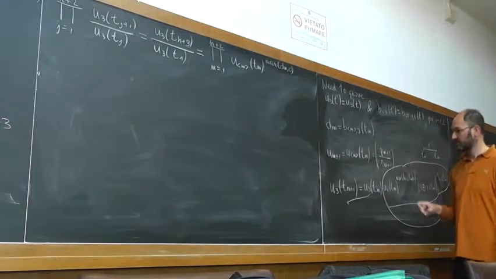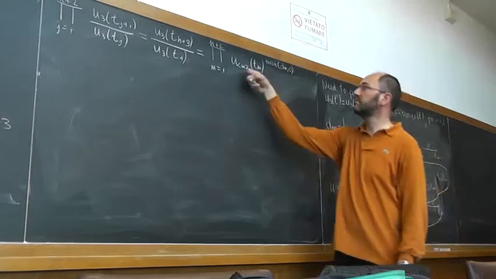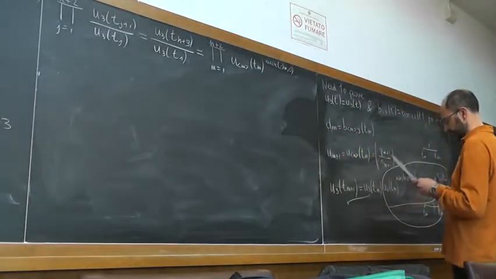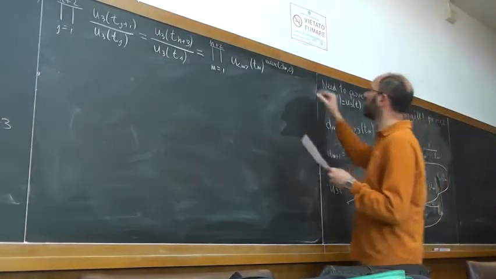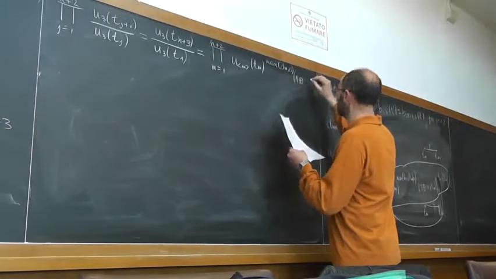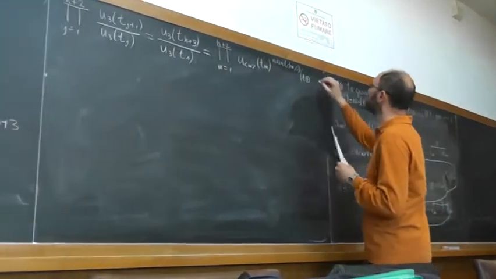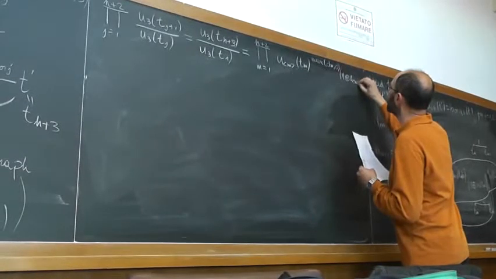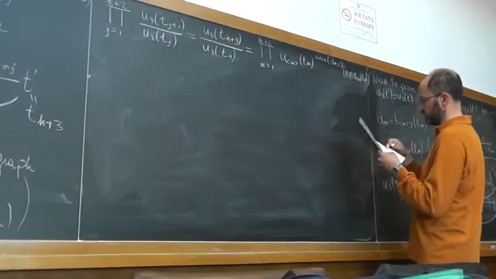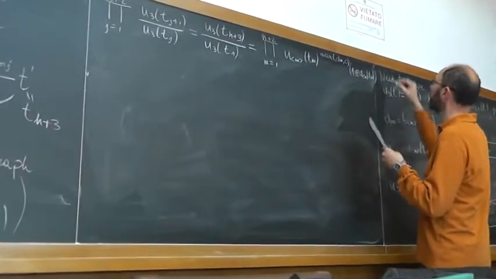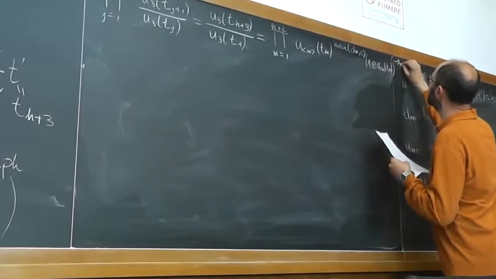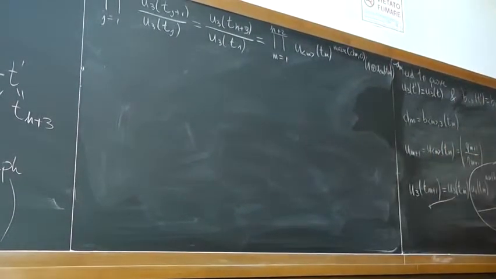Okay. So in both cases I have u within the same brackets, t_m. It's the convention. Yes. And then 1 plus the same u_n of t_m to the minus d_m. Okay?